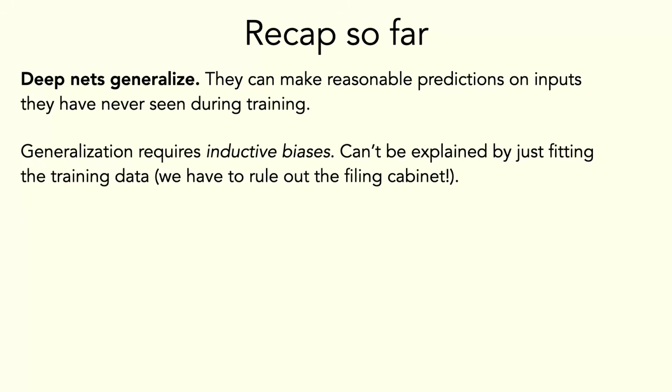You have to have something that rules out the filing cabinet. Only fitting the training data cannot fully explain generalization, because you can fit the training data by just memorizing the training points, but not saying anything about the samples in between, or sorry, the out-of-sample samples in the test set.